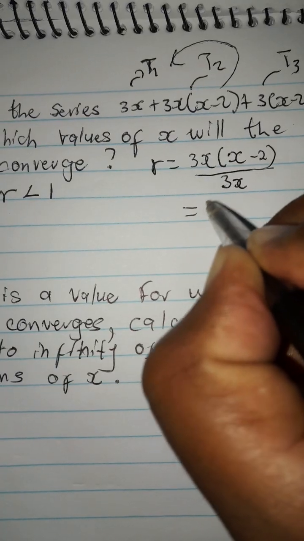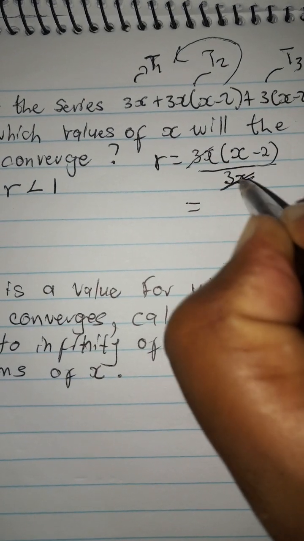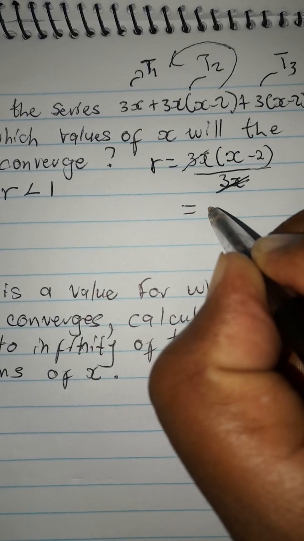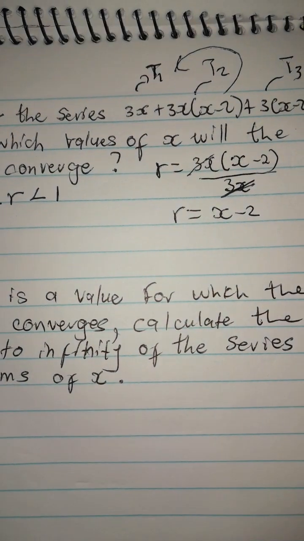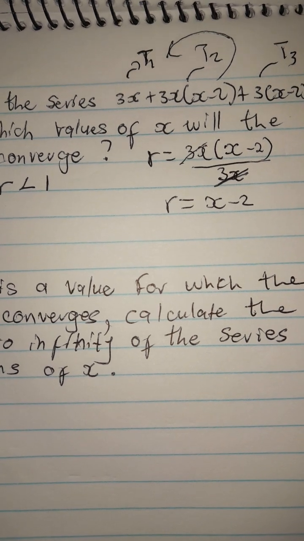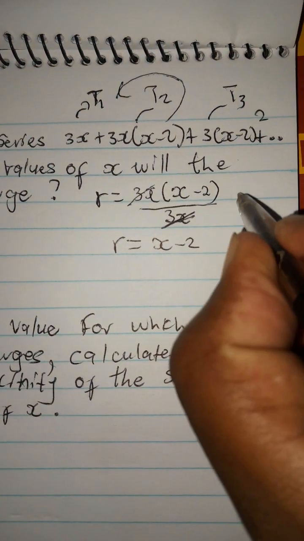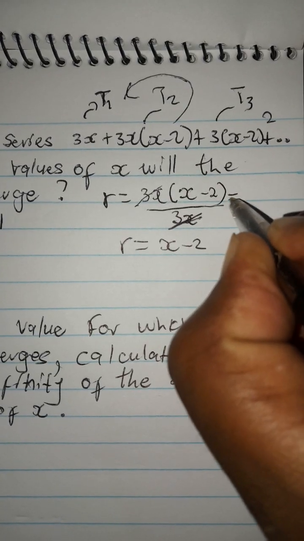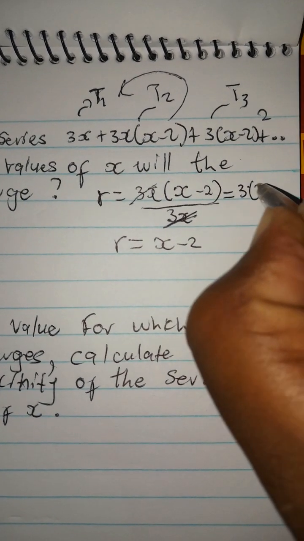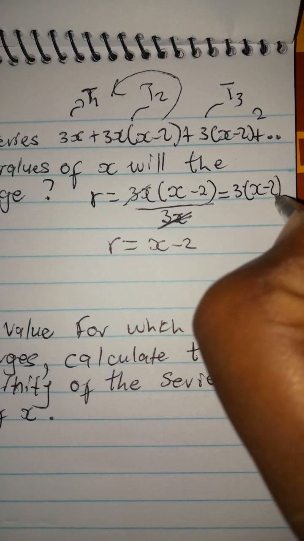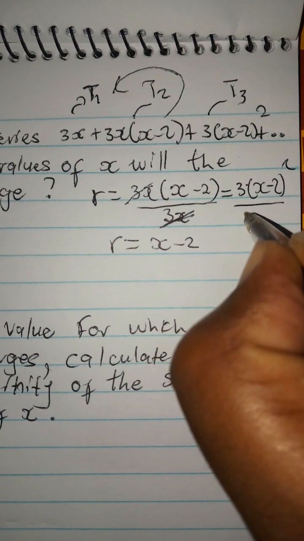The best way we can simplify this, we can see that 3x and 3x can be cancelled. So we have x minus 2 as our constant ratio. Similarly, we can take term 3. Let's say we have 3x, open the bracket, x minus 2 squared divided by what is that?